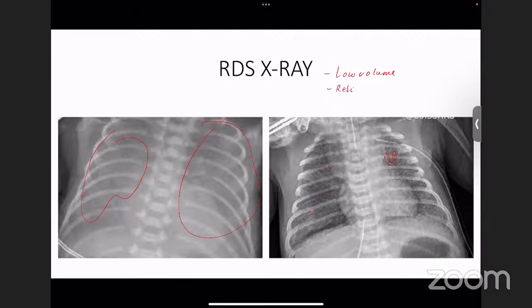The reticulogranular pattern is because of your collapsed alveoli. And this is the air bronchogram. You are seeing something like this, no? This is collapsed alveoli. Because of the collapse, no air is going in, so all the air will be seen in the bronchioles or bronchi.